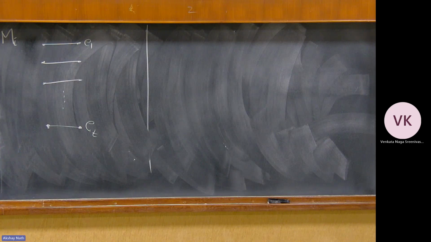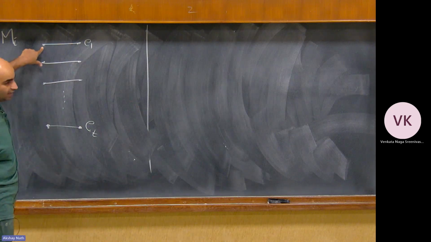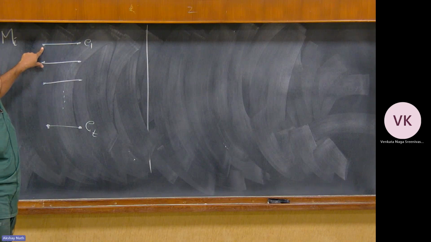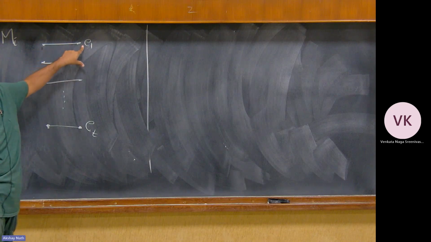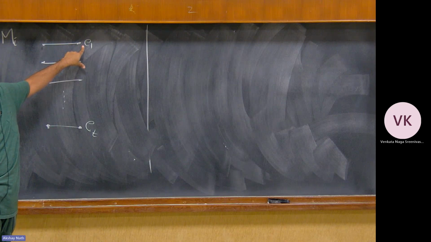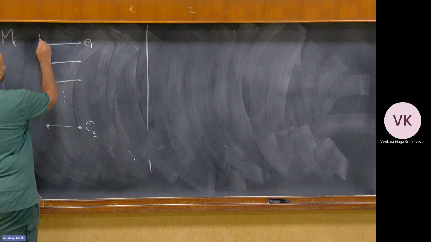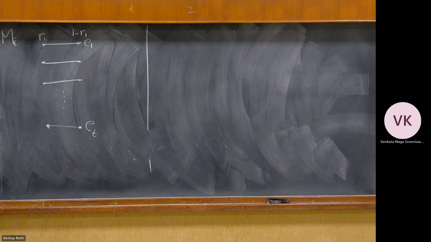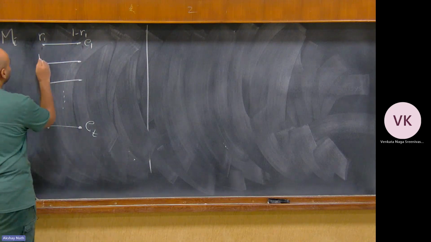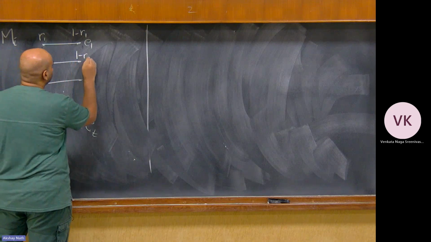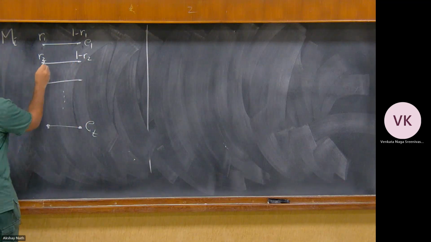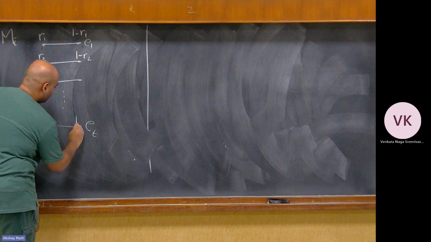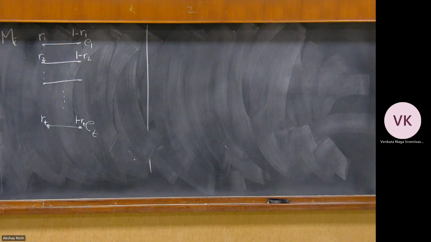But the idea is the following. I will associate to this a random string. And then I will flip all the bits and associate that string to this. So this vertex gets some random string R1, and this one gets 1 minus R1. For this, I associate R2, and this gets 1 minus R2. And so on. So this gets RT, 1 minus RT. If a vertex does not participate in the matching, then just give it all zeros. Doesn't matter.